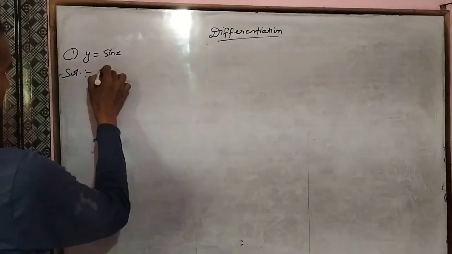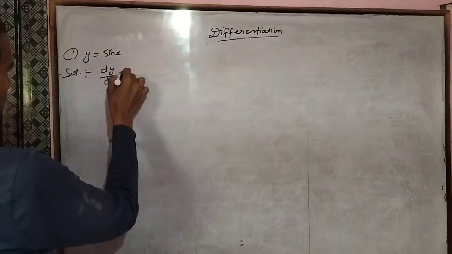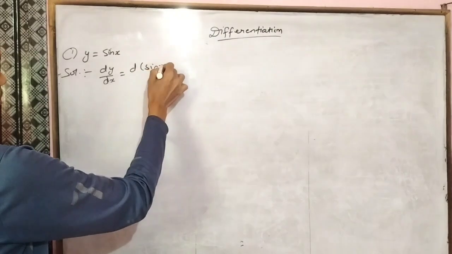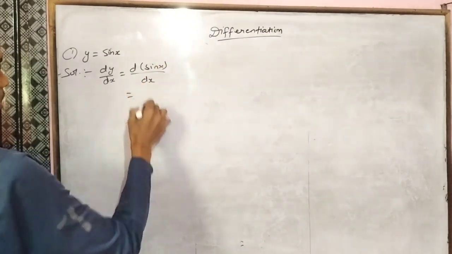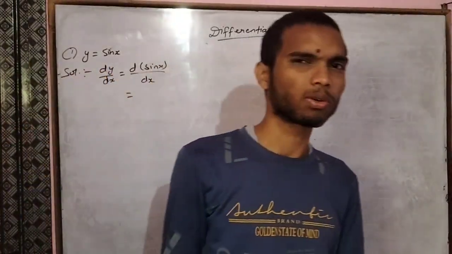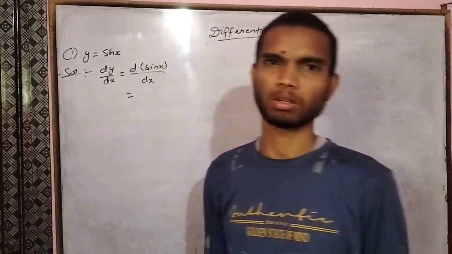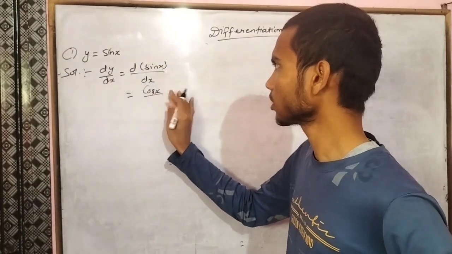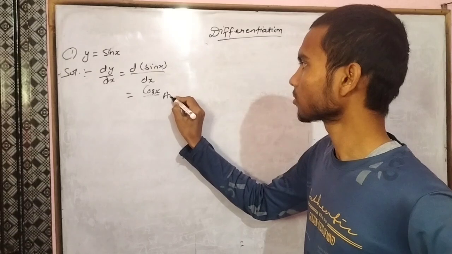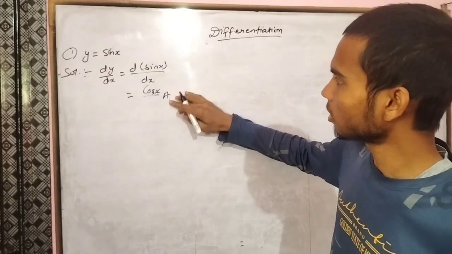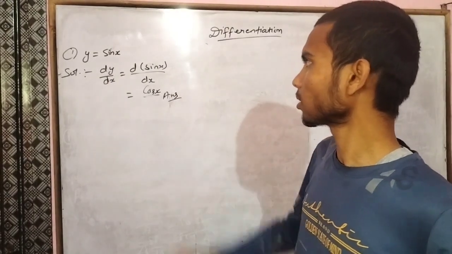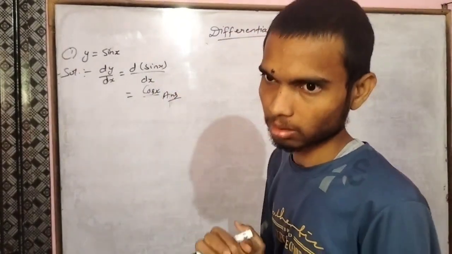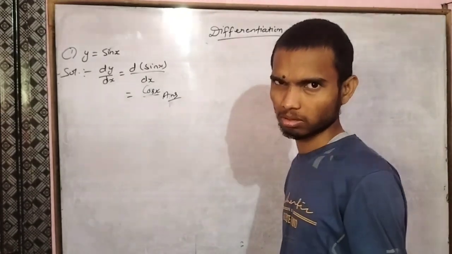It's very simple. dy by dx. In place of y is sin x. So the differentiation of sin x would be cos x. That's it. So it can be remembered as a formula: when the equation is sin x, then the differentiation of sin x would be cos x.